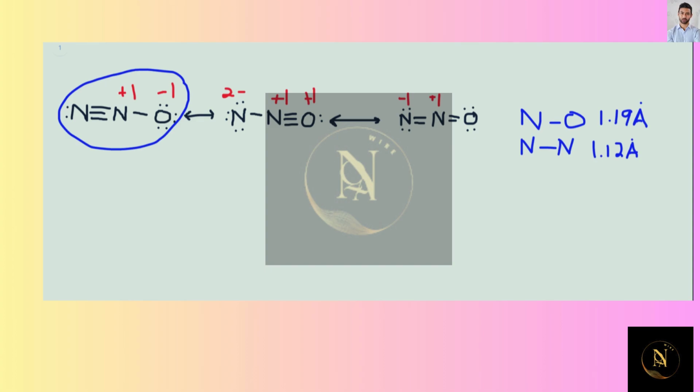And the NO bond length is slightly shorter than the typical NO bond. So based on this data, which resonance structure represents N2O?